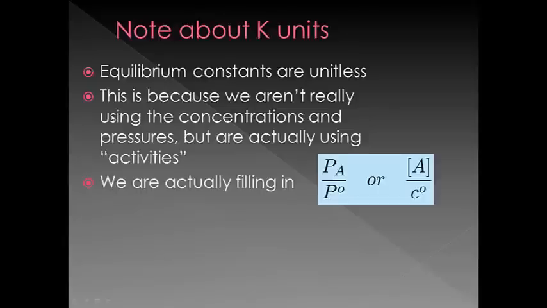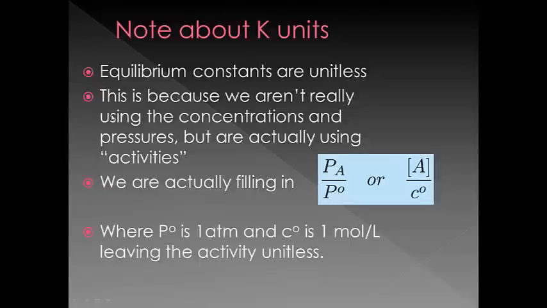Now, for Kc, and therefore concentrations, whenever we fill in a concentration, what we've really been filling in is the concentration over top of 1 mole per liter. When we've been filling in pressures, what we've really been filling in is the pressure that we have over top of 1 atmosphere, 1 Pascal, whichever pressure unit we've been using. Now what this does is cancel out the units, and this makes K unitless.